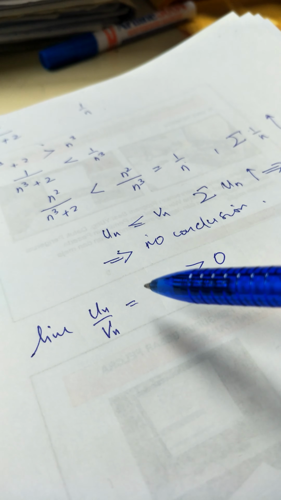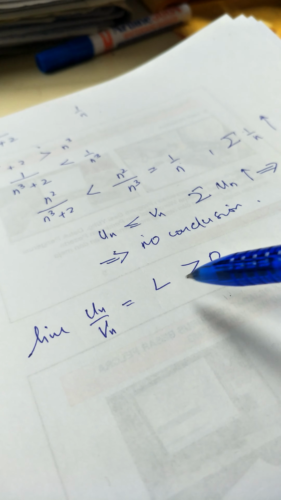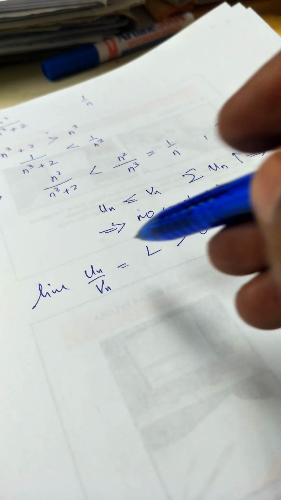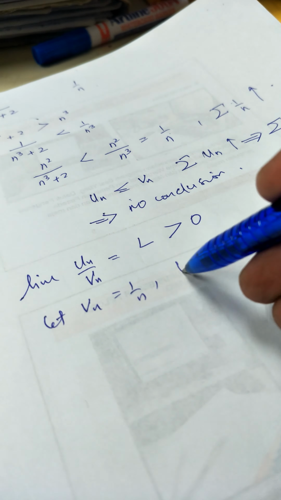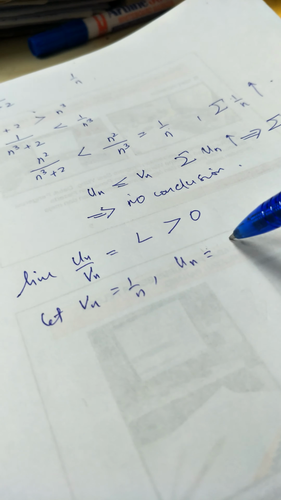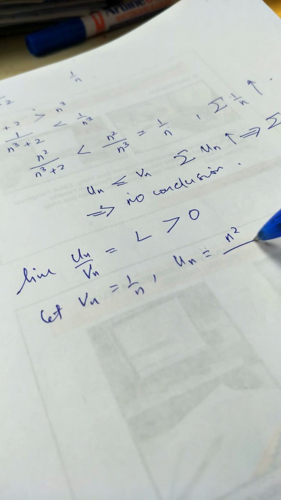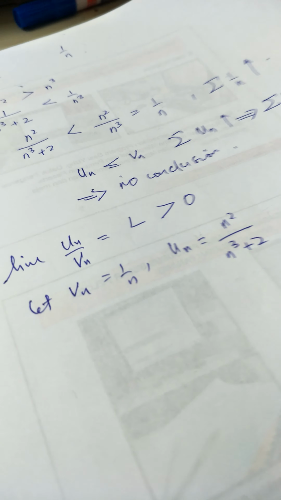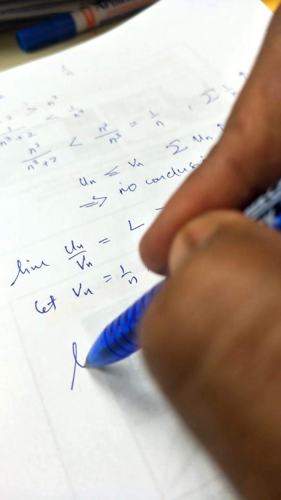So if we choose, let's say, vn equal to 1 over n, and our un is the one that we want to determine, which is n squared over n cubed plus 2, and we take a limit.